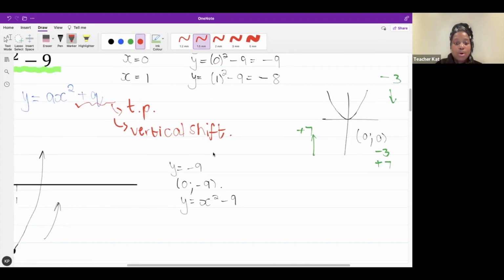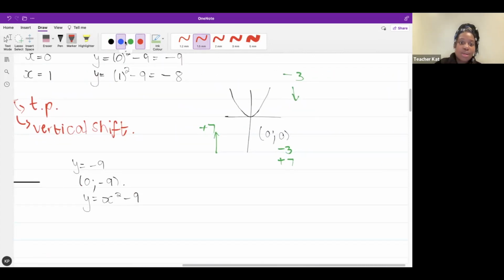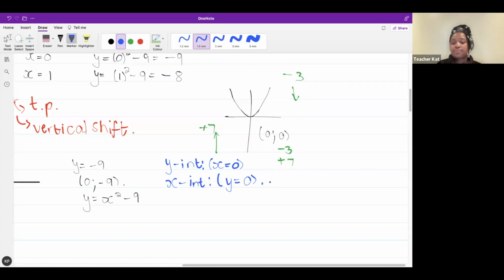For your y-intercept, I'm writing notes everywhere here, guys. This shows you how I study. For your y-intercept, your x has to be 0, which means to find your x-intercept, which one must be 0? Your y must be 0. Okay, guys.